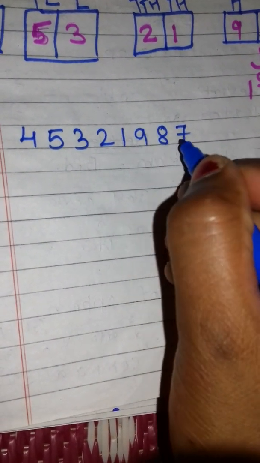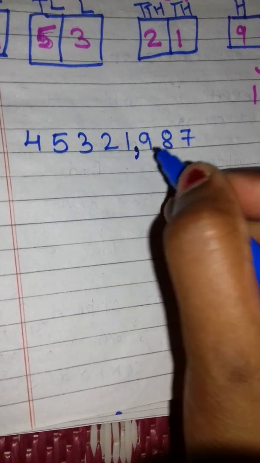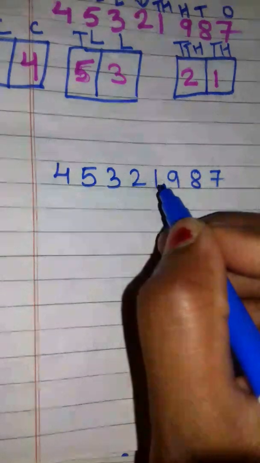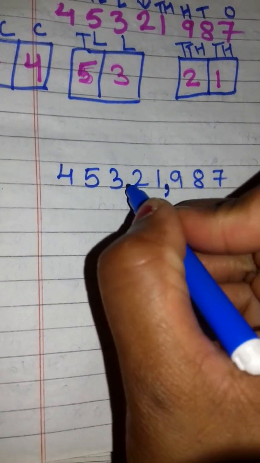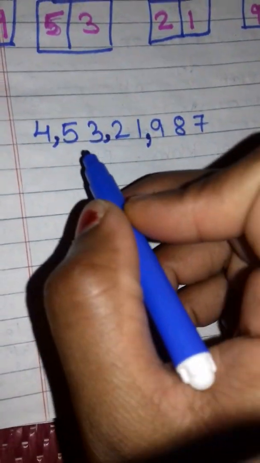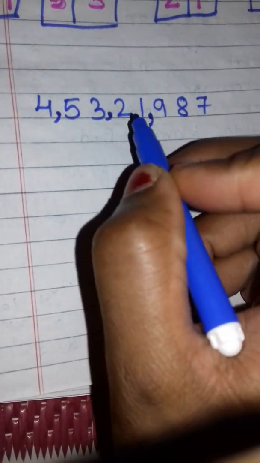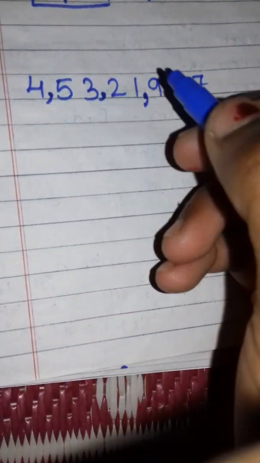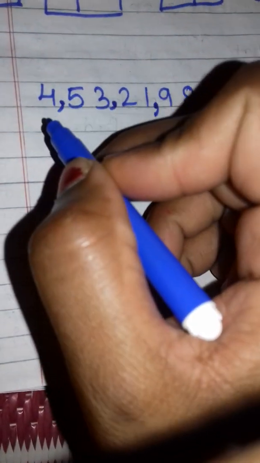So we can see we have written all the digits in the blocks according to the periods of this place value chart. So how will we write it? In the ones period 3 digits are there, so after the 3rd digit we will put a comma. Then the 1000 period: 1000, 10,000, comma. Then the lakh period, lakh, 10 lakh, and the crore period. So we will write this large number by putting commas according to the periods in which the digits belong.